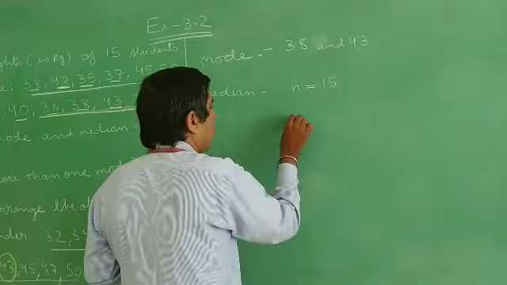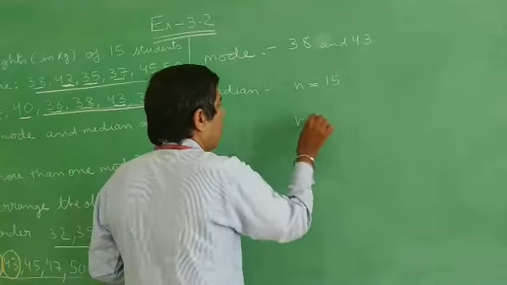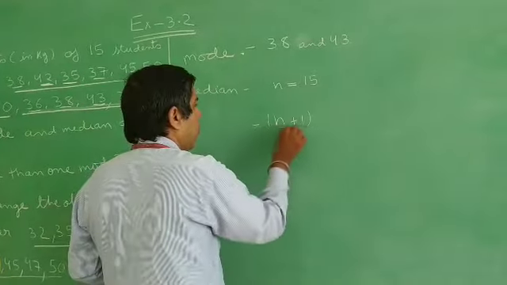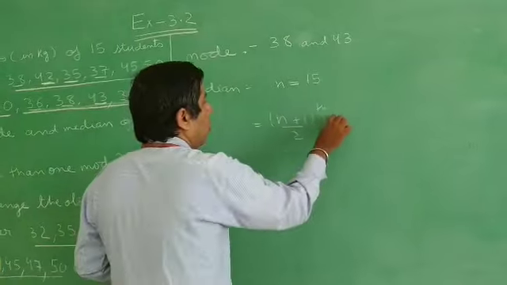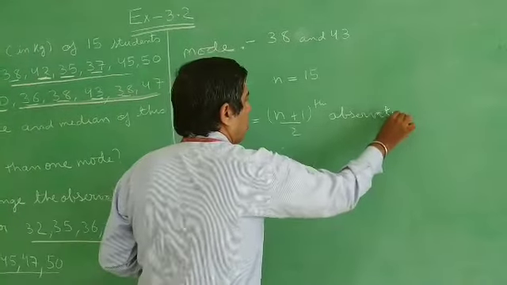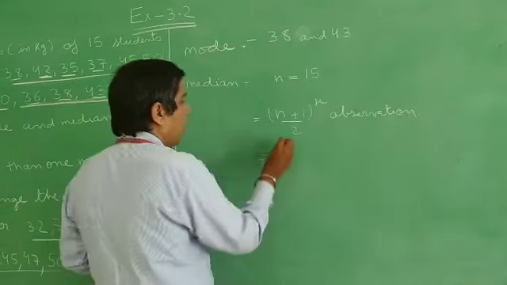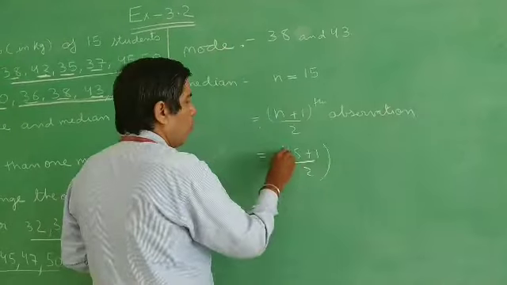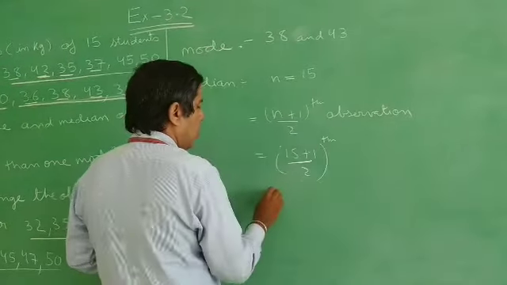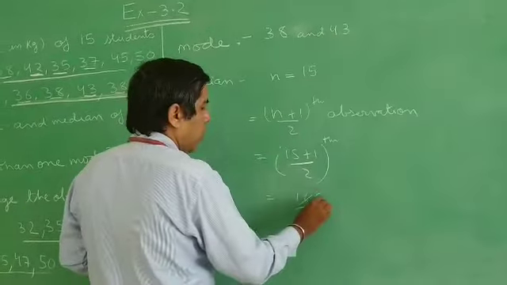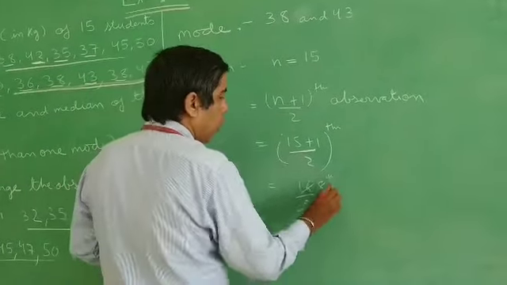So I am going to use the formula: median is equal to the (n plus 1) by 2 th observation. So 15 plus 1 by 2 th observation. It comes 16 by 2. It comes 8. So the 8th observation.